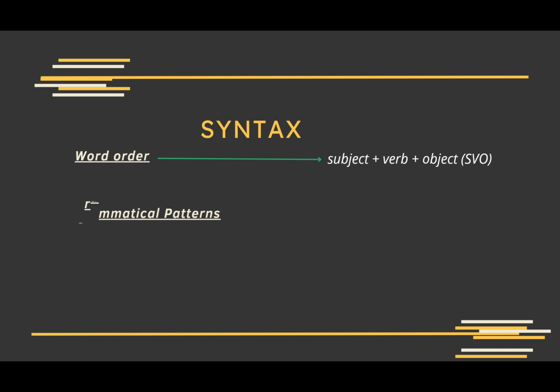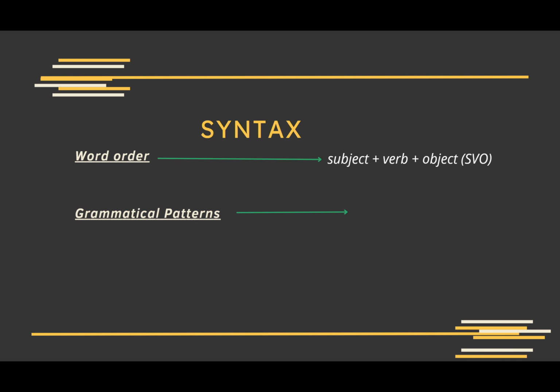Then we also have the concept of grammatical patterns. This is the way words are arranged in a sentence, right? So there are different types of words that must go in a certain place, and all of them work all together in a specific order.